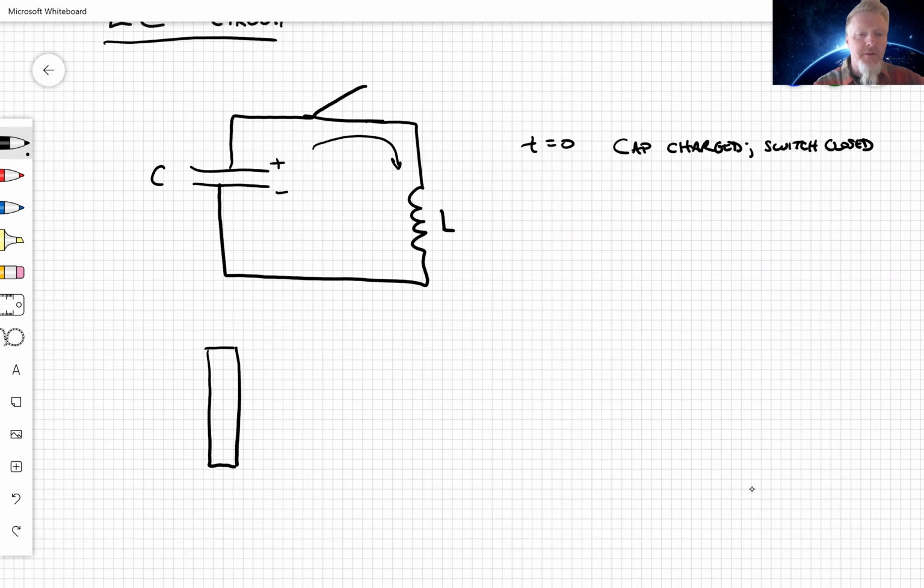Here's the capacitor. There's the energy of the capacitor initially, at t equal to 0. Then as the capacitor starts to discharge, it loses its stored energy because it's pushing charge into the circuit.